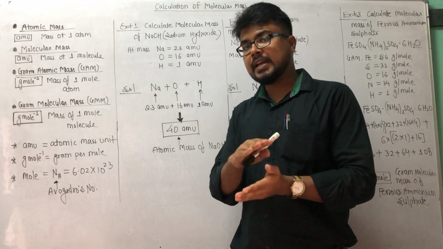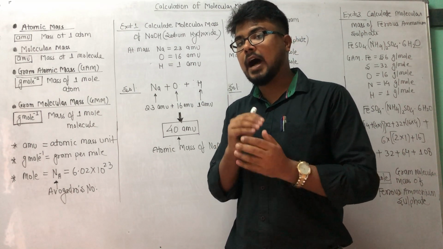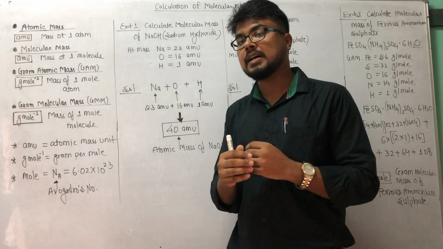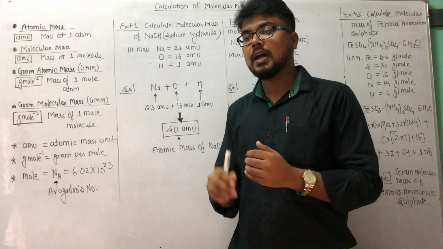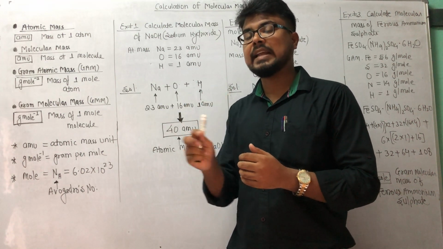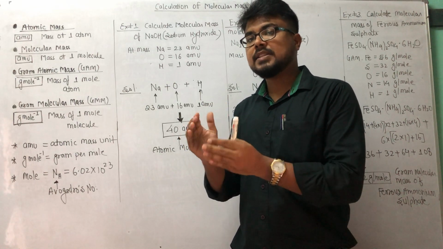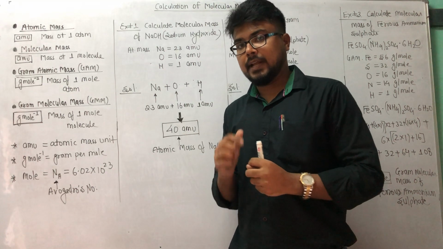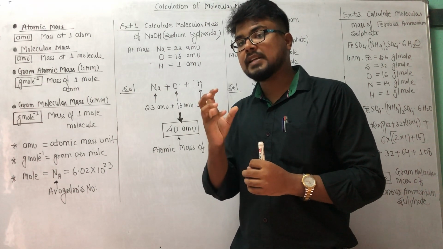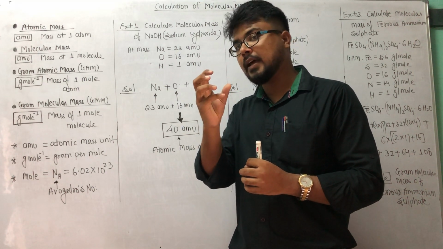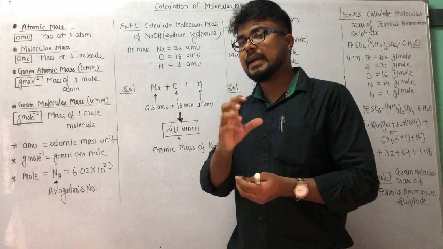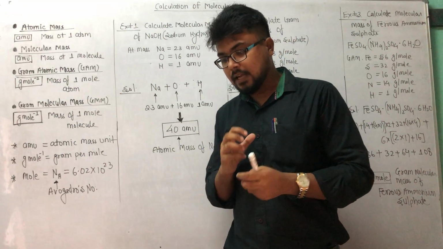Today, by using the atomic mass of different elements, we can calculate the molecular mass of the molecular formula of any compound, including ionic compounds, in which elements are involved, using their atomic mass, the mass of the atom.